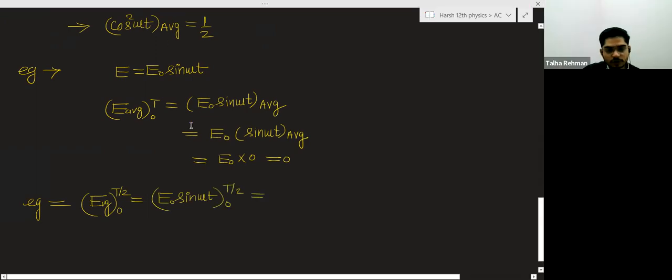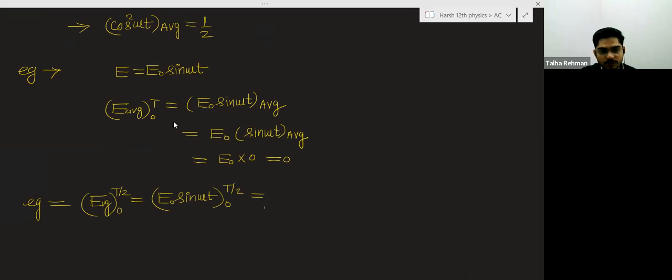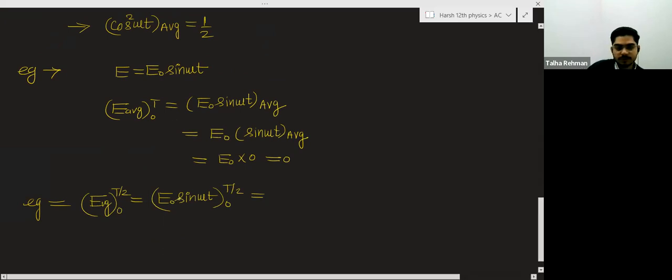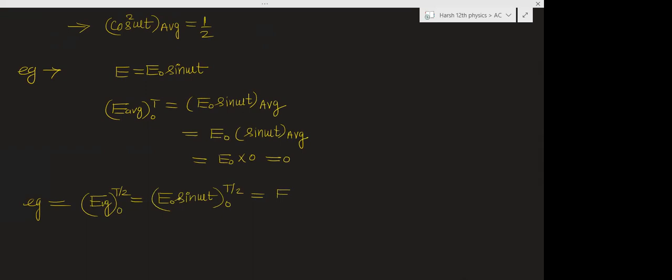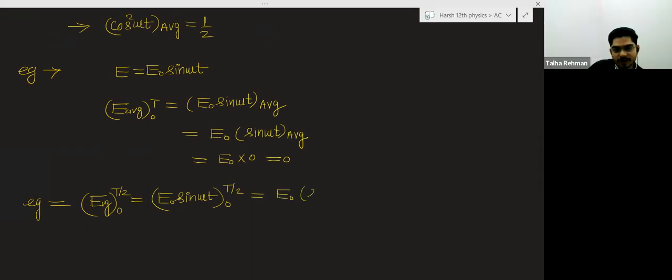So the average value of E naught will remain the same because E naught is a constant quantity. So this E naught will be like this, and you have to find the average value of sine omega t for half cycle.